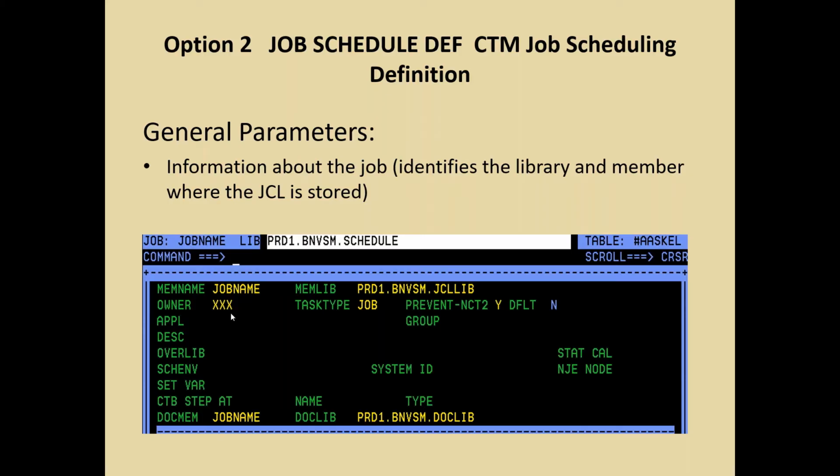In the JCL job card, there is a keyword parameter called user. That user and this owner will mismatch; that you need to check. First thing you need to check is that. If those two are matching, then the job is not submitted due to some other issue, not the user.